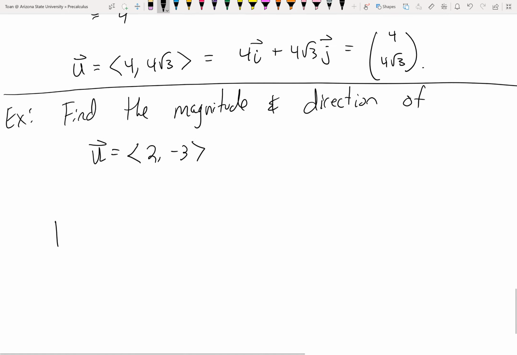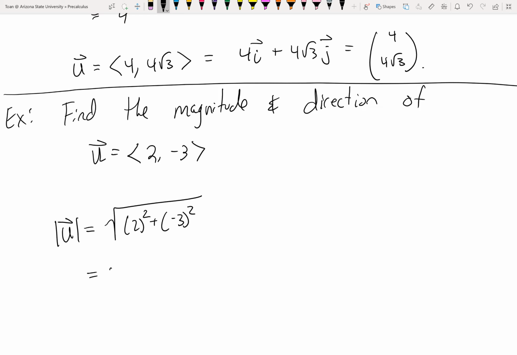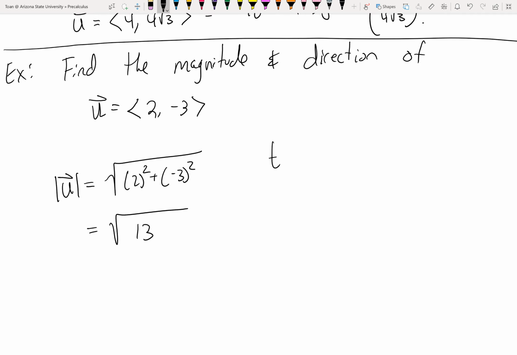So the magnitude, again, is just a straightforward formula. It's the Pythagorean theorem. So it's the square root of x squared plus y squared. So that's 4 and 9. Is that 13? There we go. And then we have tangent of theta equals y over x.